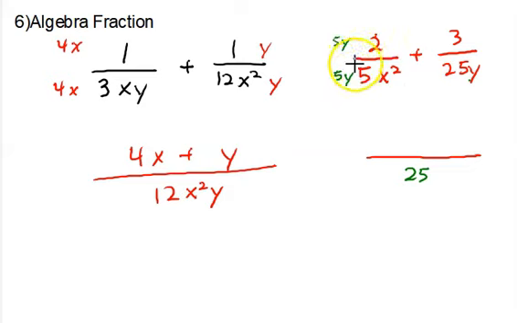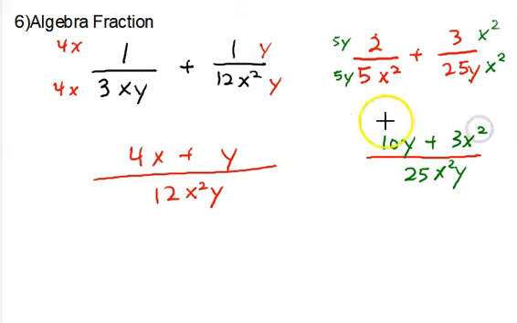That's why we multiply with y. And here we have to multiply with x square. So here we have 25x square y, and above here we have 10y plus 3x square. Okay, this is algebraic fractions.